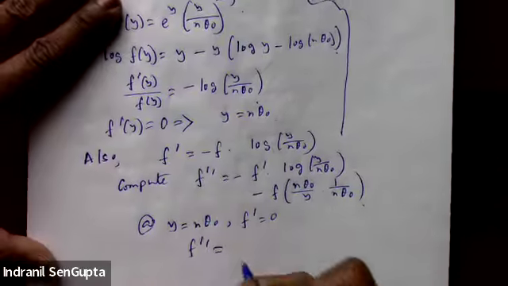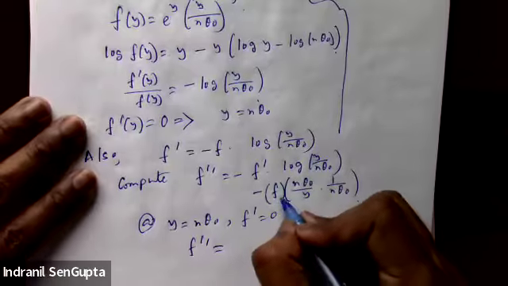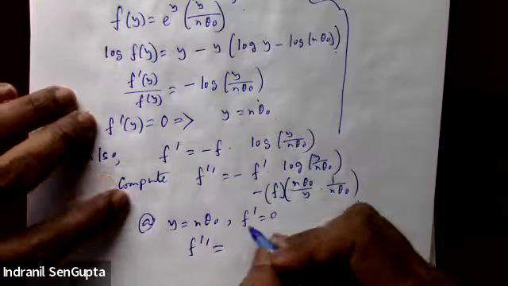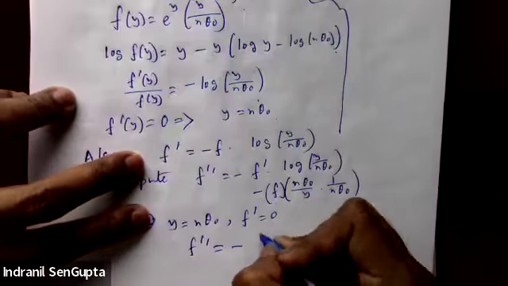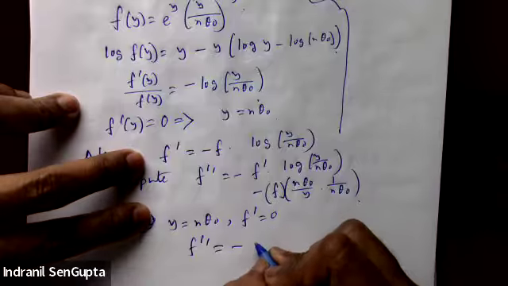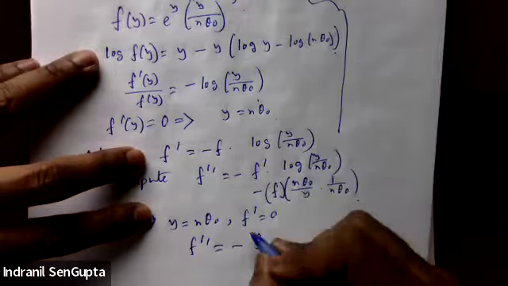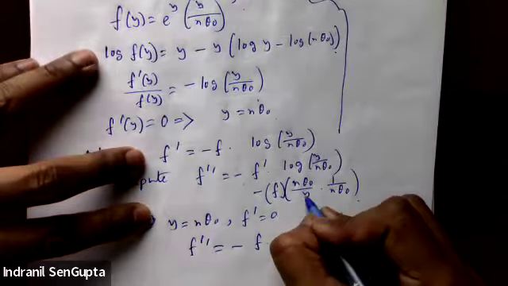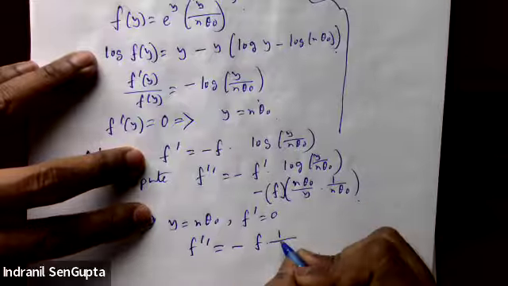So f double prime is going to be, so this is 0. And then this one, if you compute, minus f, which is a positive number. And then y is n theta 0. So it's 1 over n theta 0.